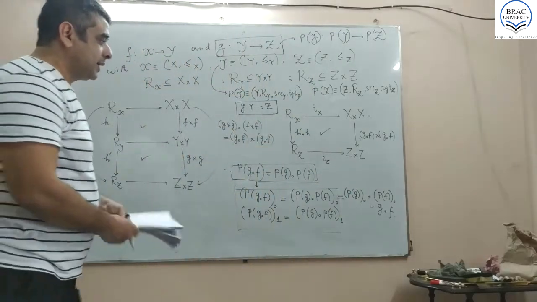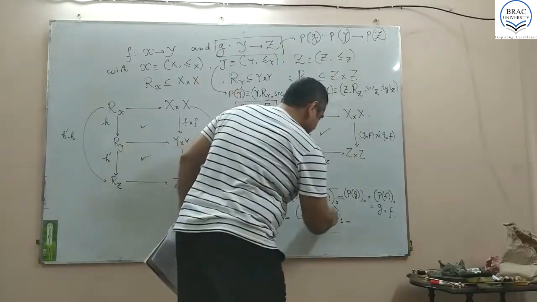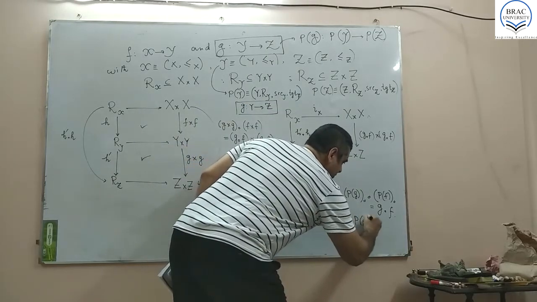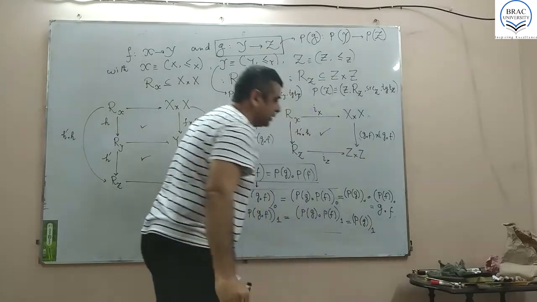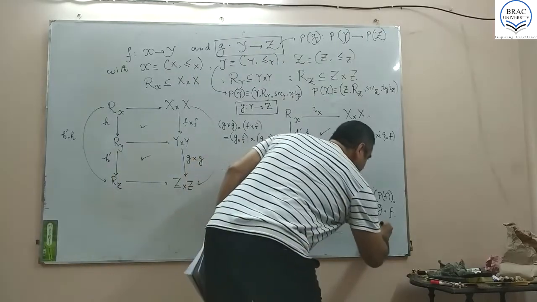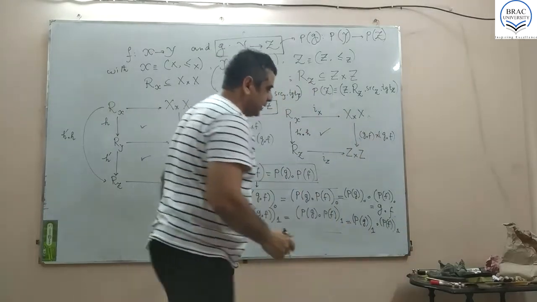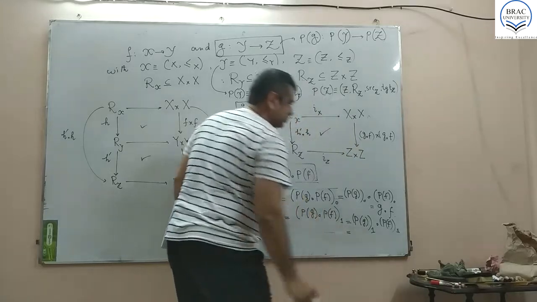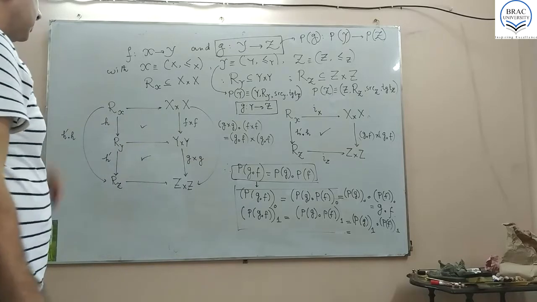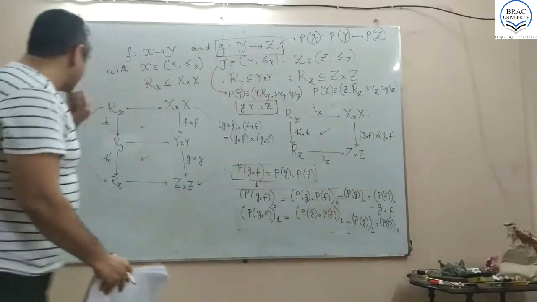Similarly, we can check this for the arrows. According to the definition that we provided in the segment where we described graph homomorphism, it is supposed to be PG1.